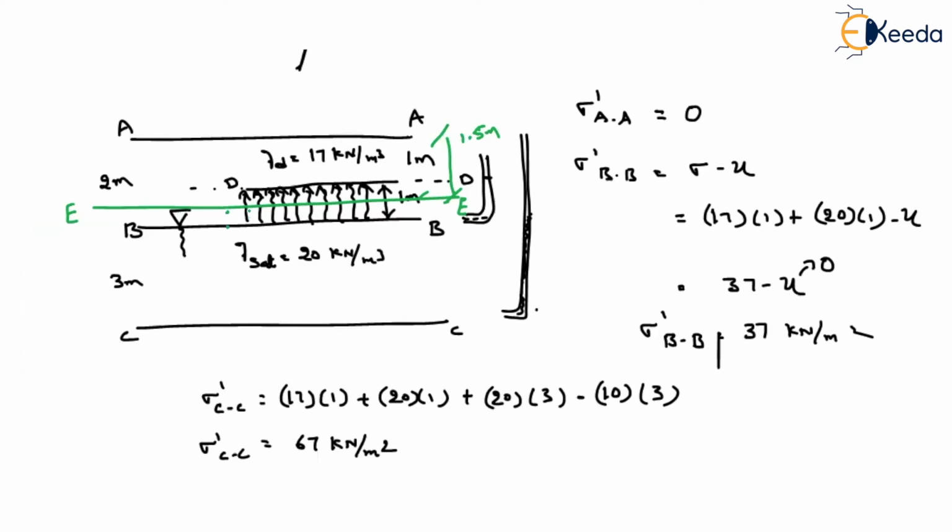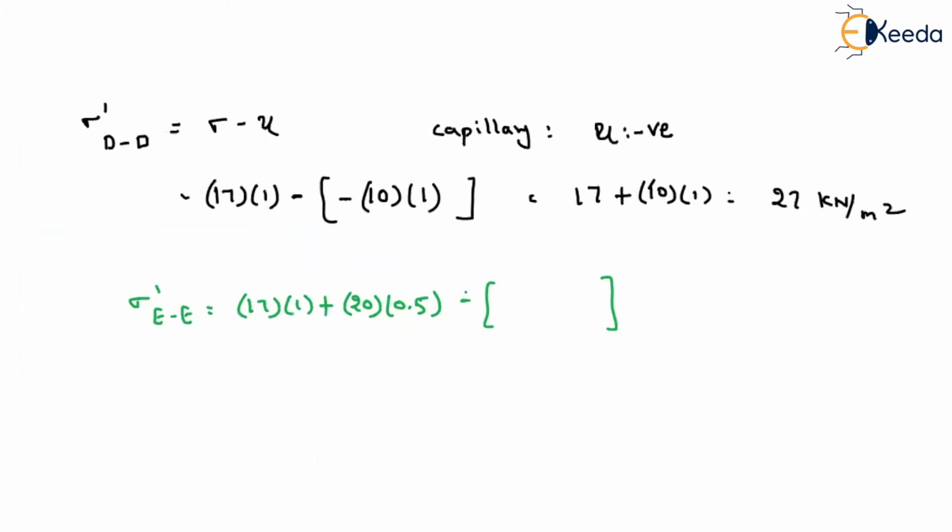Total is 2. So what about the remaining distance? 0.5. So as it is a capillary action, minus 10 into 0.5. So if you solve this, 17 plus 10, 27, minus of minus plus 5. So that is nothing but 27 plus 5. That will be equal to 32 kilonewton per meter square.